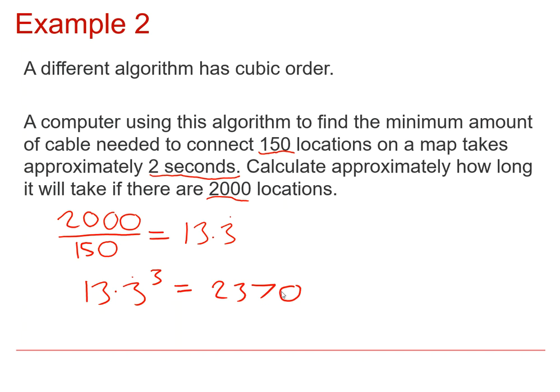So 2,370 times longer. It originally took 2 seconds, so to get our final answer we need to take the original time and multiply it by this factor of 2,370, which is 4,740 seconds.